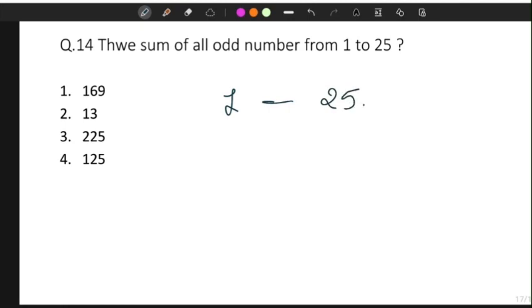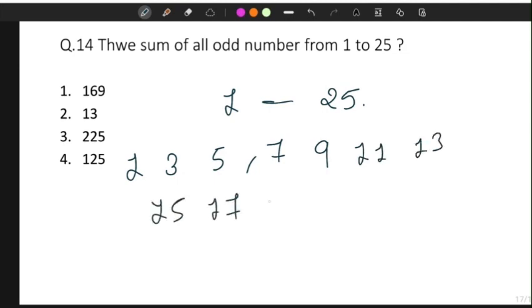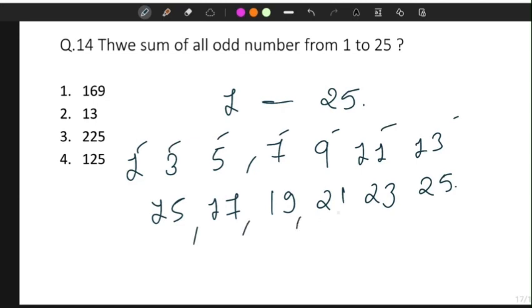They are 1, 3, 5, 7, 9, 11, 13, 15, 17, 19, 21, 23, 25. Got it? How many odd numbers are there? 1, 2, 3, 4, 5, 6, 7, 8, 9, 10, 11, 12, 13. 13 odd numbers are there.